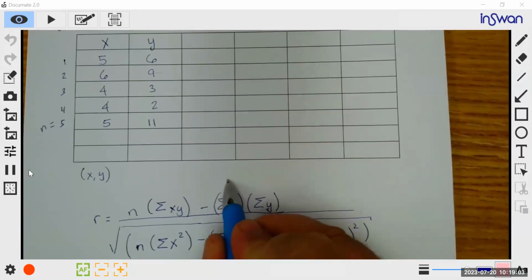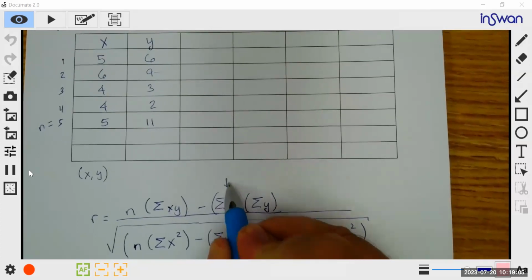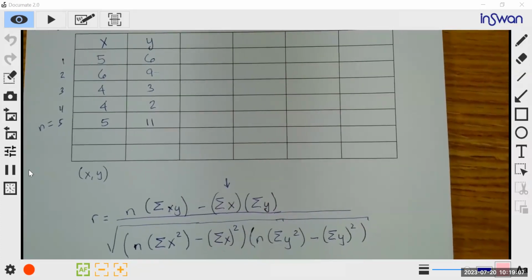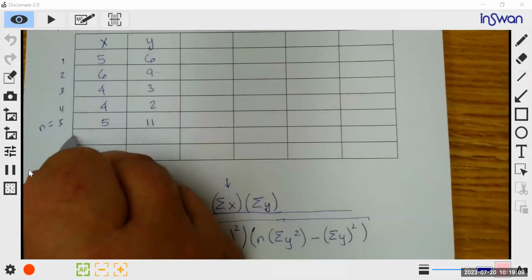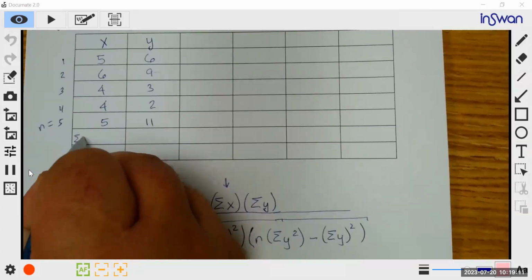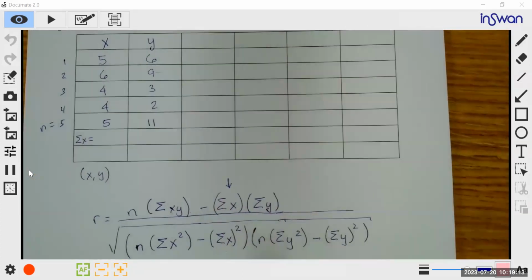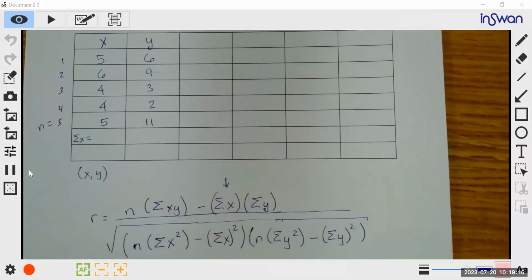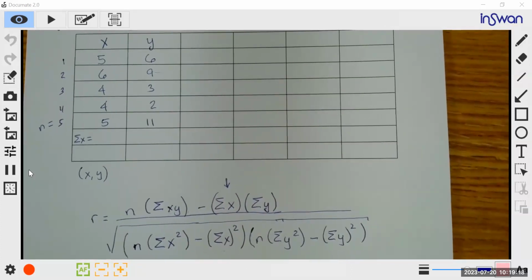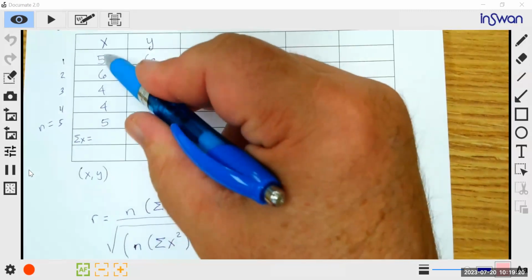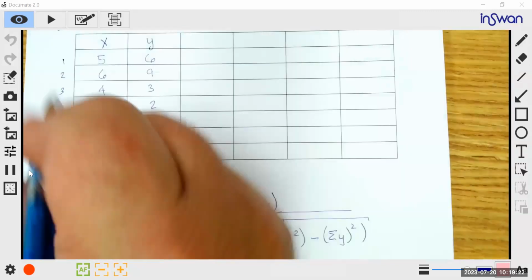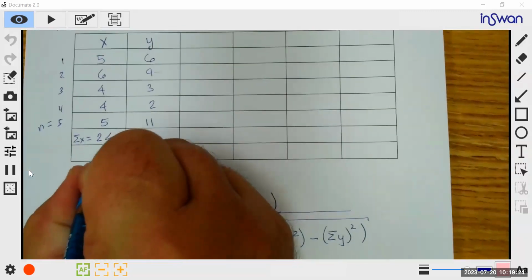Looking at our formula, how do I find this value? Add up all of my x's. So you get 5 plus 5 is 10, plus 10, plus 4 is 24.